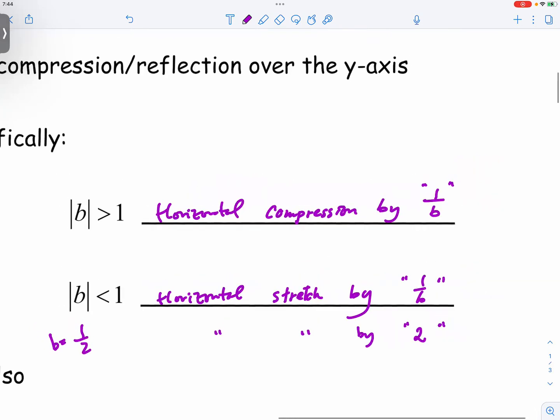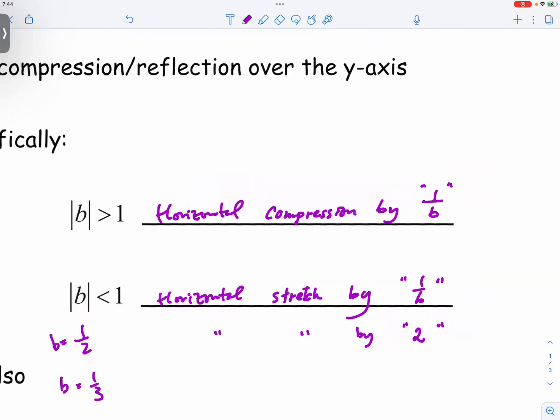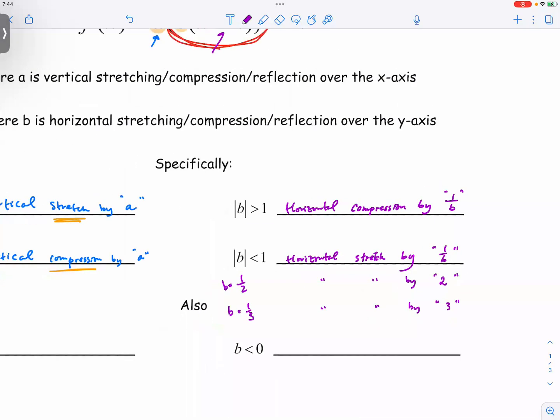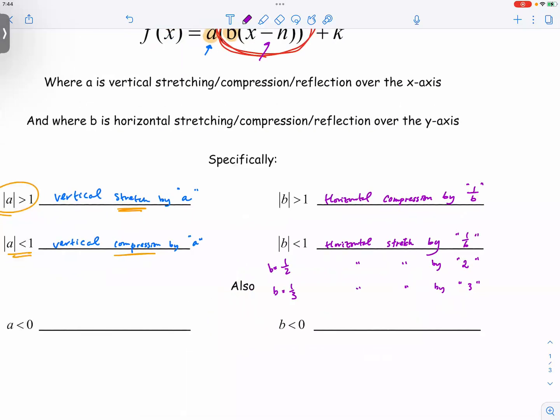If B is equal to 1/3, then it's a horizontal stretch by 3. Right? So you want to make sure that you have some solid examples in your mind that can tell you that, oh yeah, I know what it is.